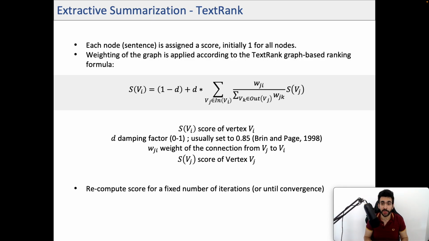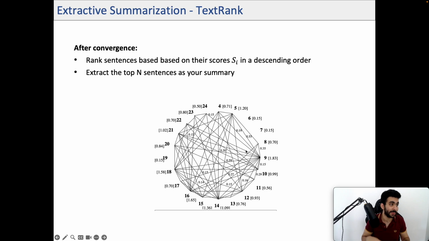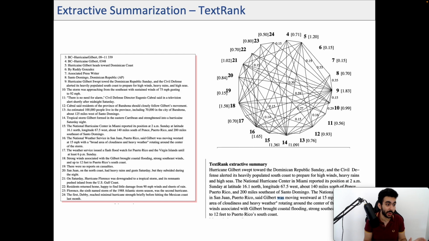And at the end of all those iterations, we have a graph of the sentences where each sentence has a score calculated by this big formula that we presented in the previous slide, according to the similarities to the other sentences. And then we extract the top N sentences, which in the very basic approach we extract as with TF-IDF, and form the summary out of them. And this is how, for our example, TextRank presented the summary.